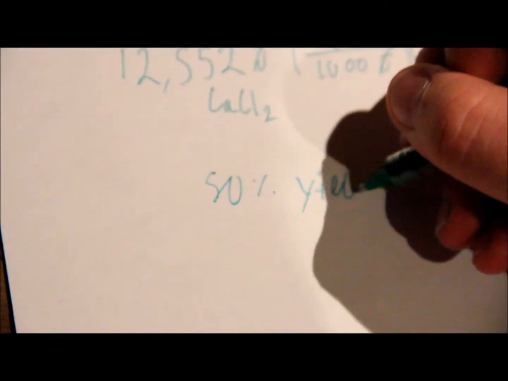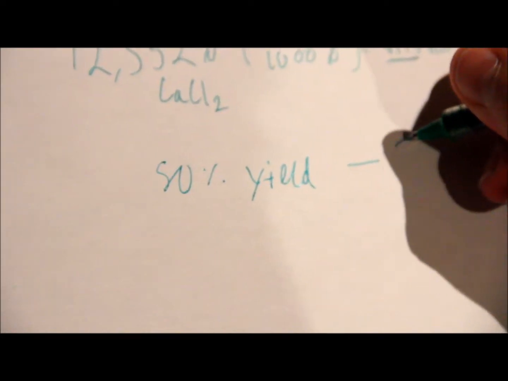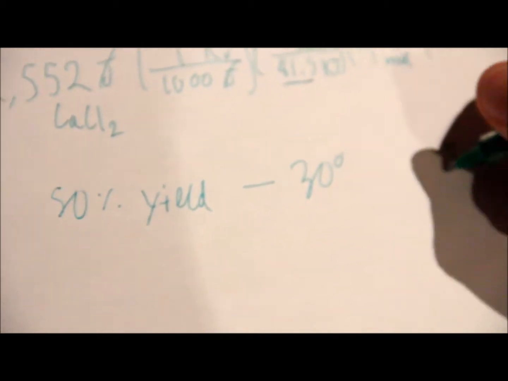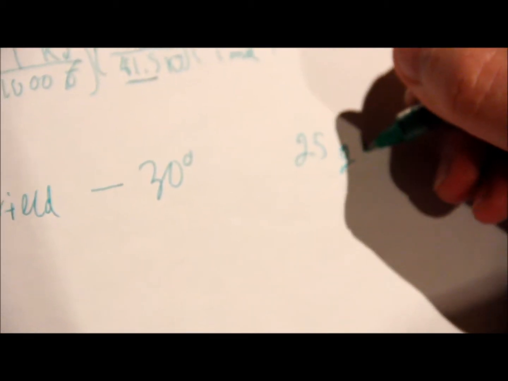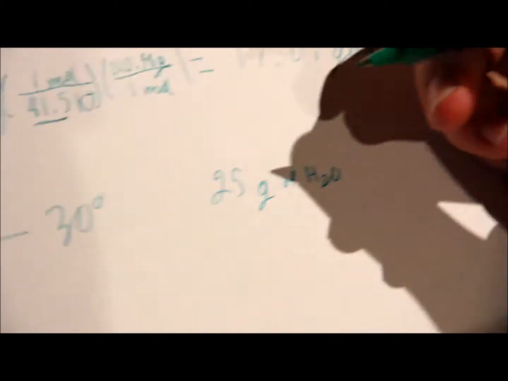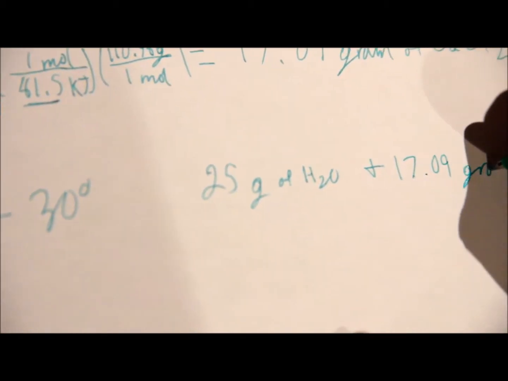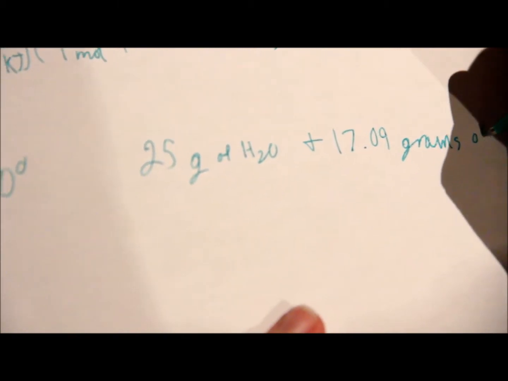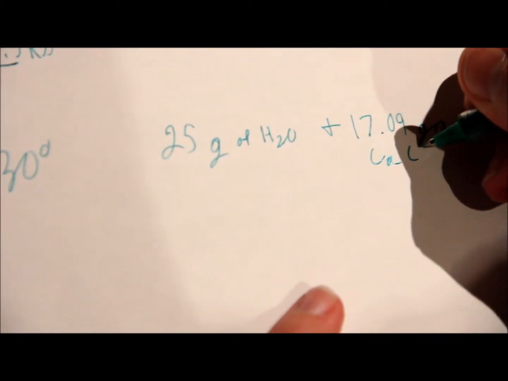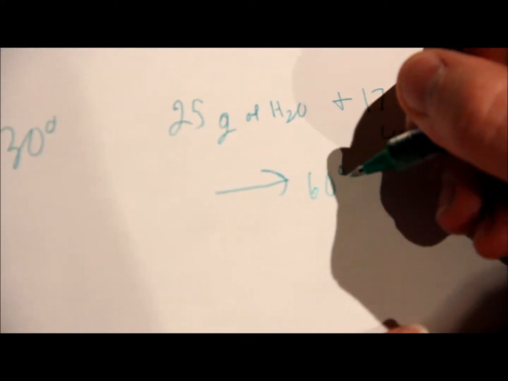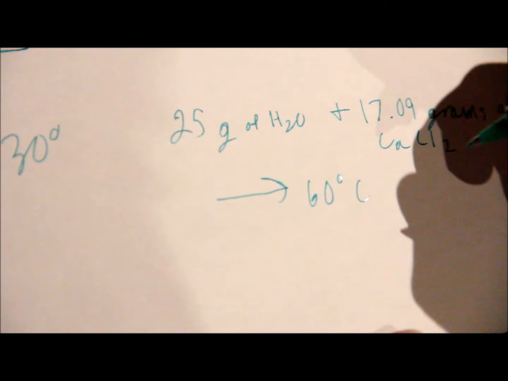That means the temperature only changed 30 degrees. To get a 60-degree change, we decided to halve the water. So it looks like 25 grams of H2O plus 17.09 grams of CaCl2 will yield a 60-degree change in Celsius.